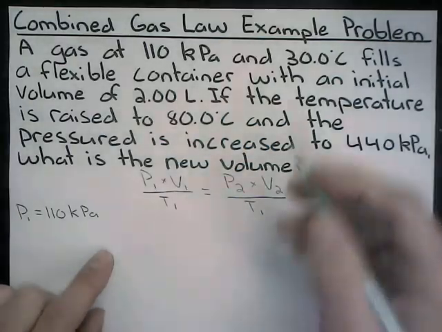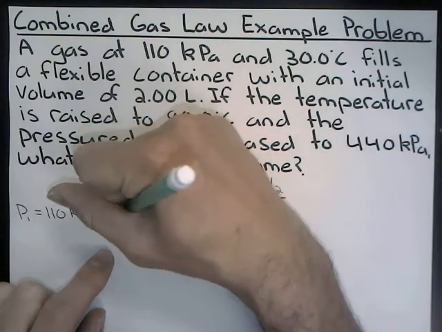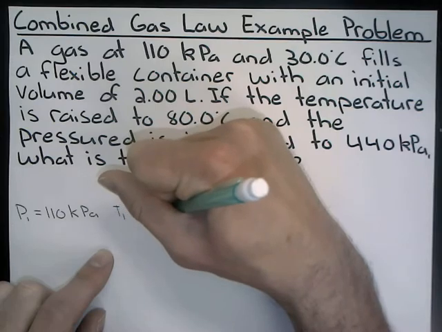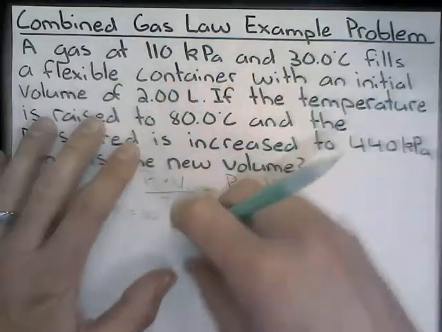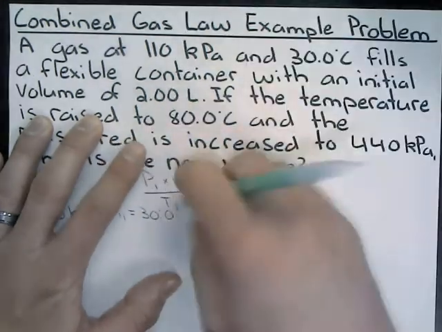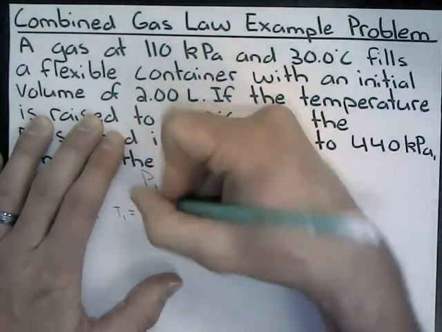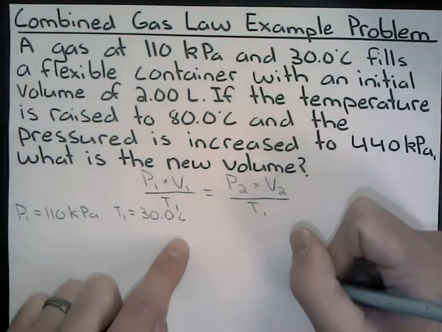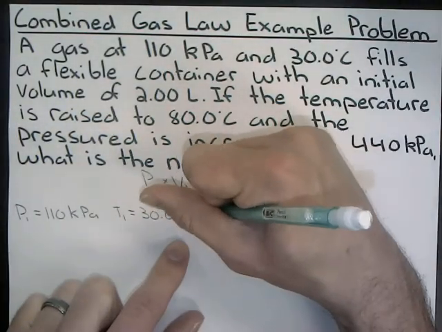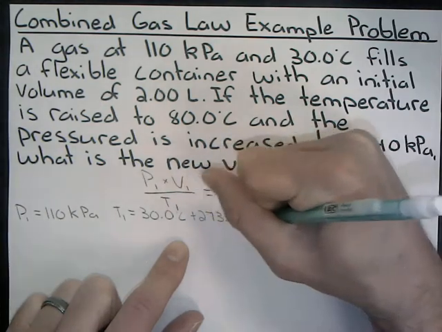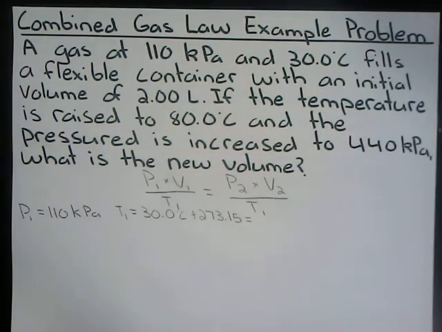And our initial temperature of that gas is 30 degrees Celsius. Now remember, the temperature itself must be in units of Kelvin and not Celsius. So what this means is that we have to add 273.15 to the degrees Celsius temperature.